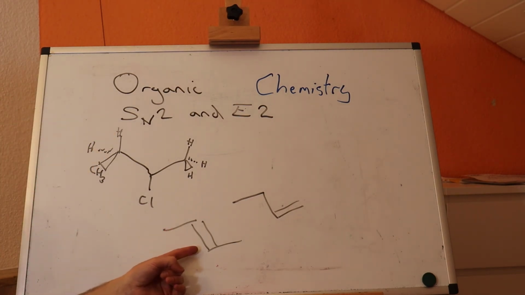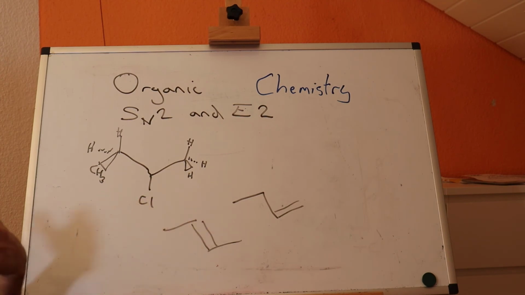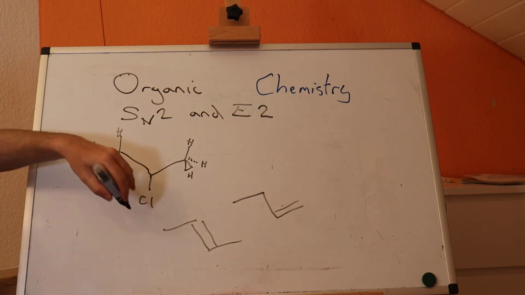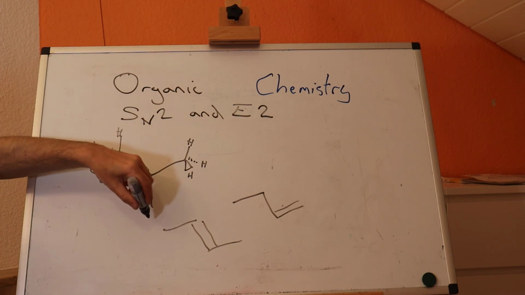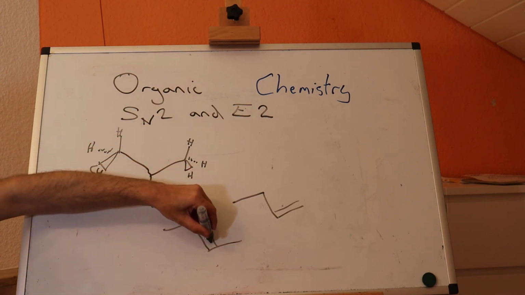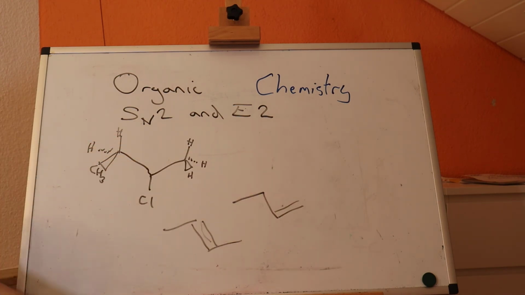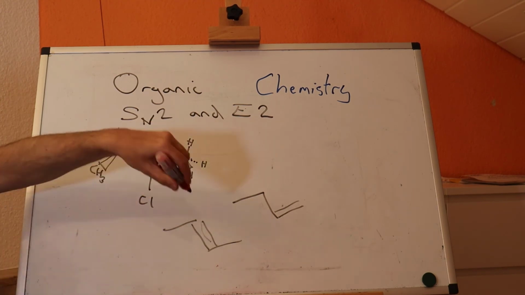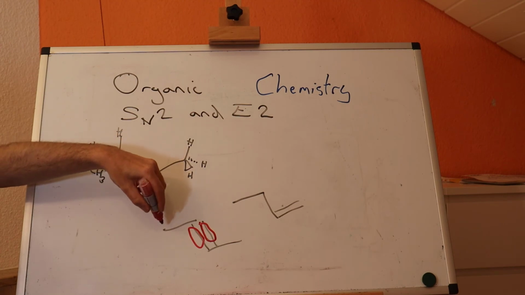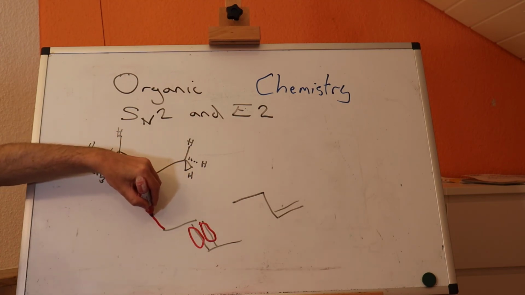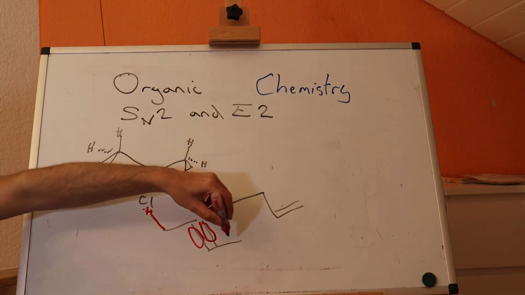Let's start again. Why is it lower in energy? It's lower in energy for exactly the same reason, that the bond is aligned. We've got this double bond with its orbitals here, and we can donate some electron density, or we can share electron density with one of the hydrogens on the next carbon.